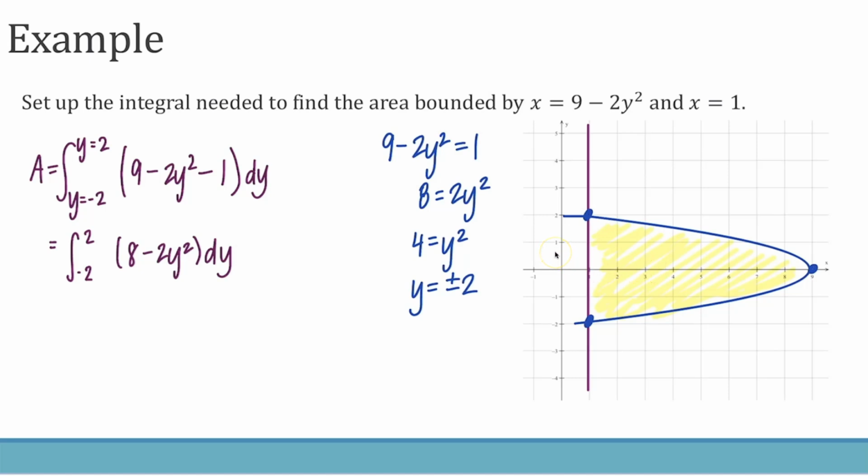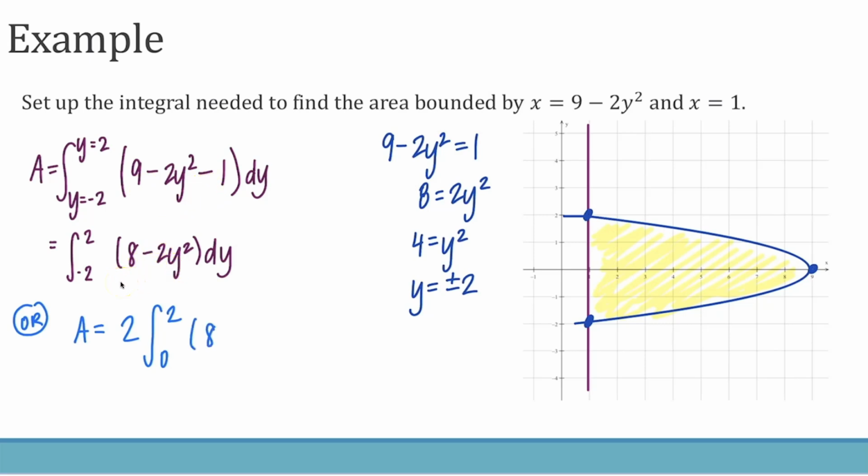So we could also have the area represented as 2 times the integral from 0 to 2. So instead we're going to go from 0 to 2 of right minus left. And we already know right minus left simplifies to 8 minus 2y squared.